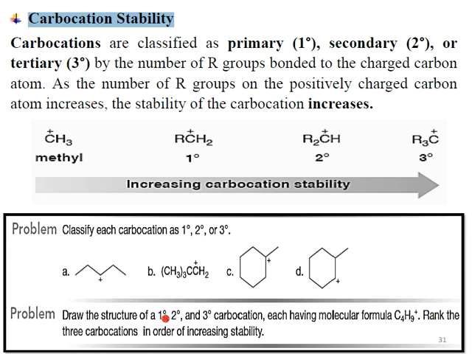Then rank the three carbocations in order of increasing or decreasing stability, which one is more stable and which is less stable. This is a good question.